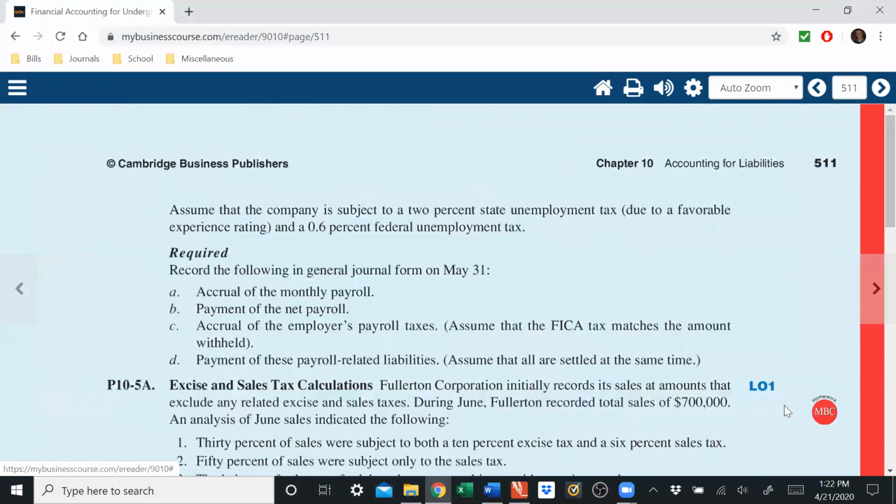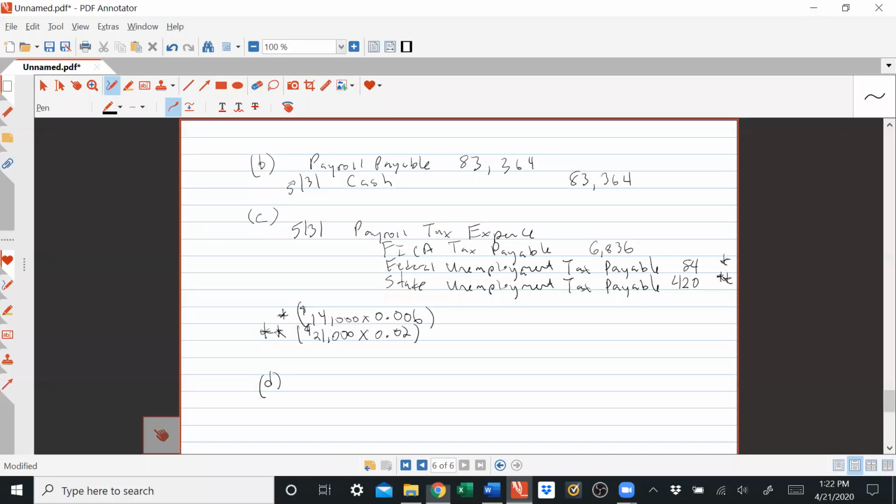What is part D? Payment of these payroll-related liabilities. So in part B, we recorded the payment of the liability we owe to our employees. Now let's record the payment of the liability we owe to the government, the various government agencies.